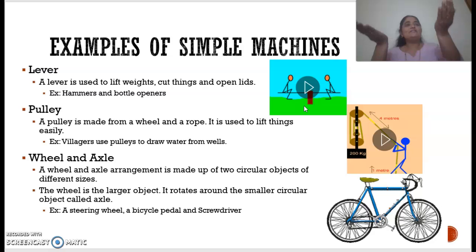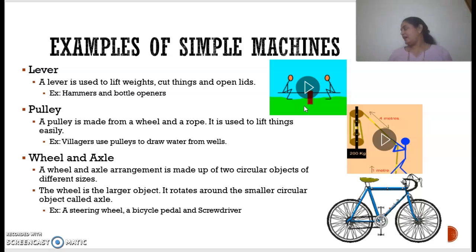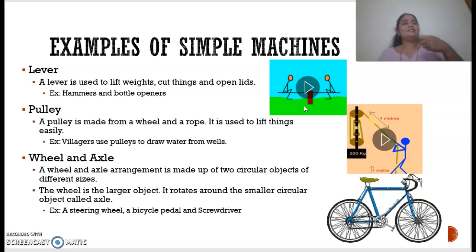They are able to lift each other, isn't it? So seesaw is an example of lever. Then we have hammer. You have seen a hammer, right? Hammer also comes under lever. Then bottle openers, opening the soda bottle, all these are simple devices and they all come under lever.